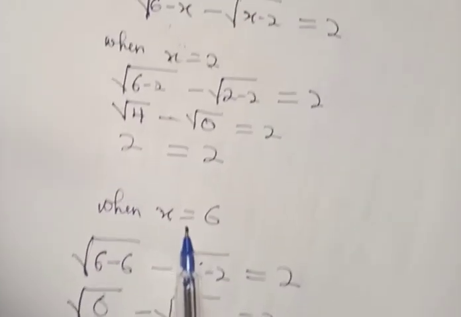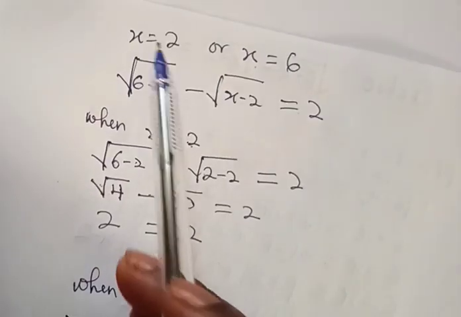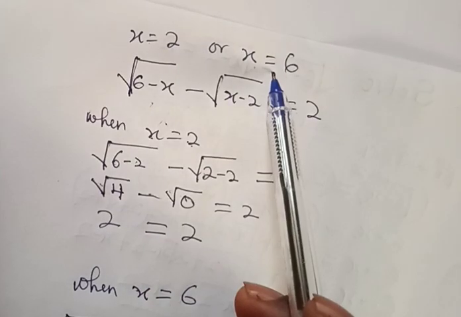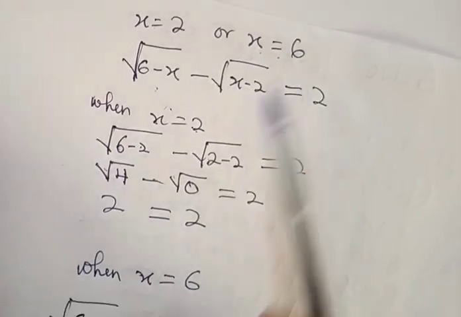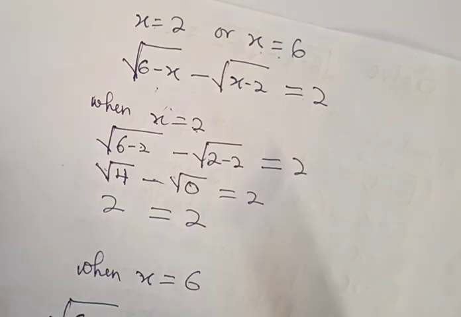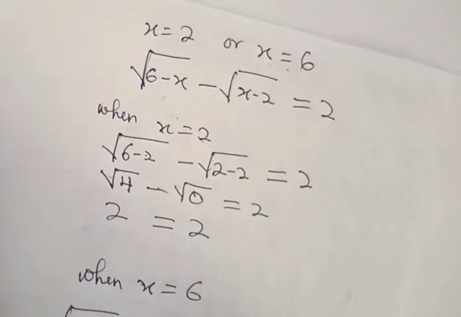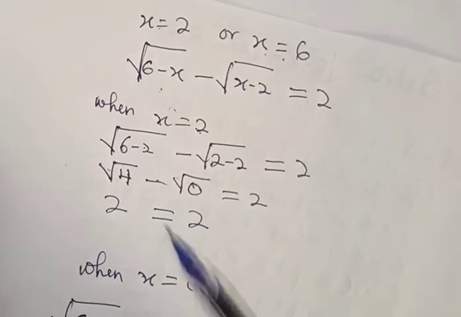So whenever you get the answers, don't end there. Don't think because you have gotten 2 and 6, that is all. No, you need to test to see whether the answers you have gotten satisfy the condition. So the one that satisfies is the solution.